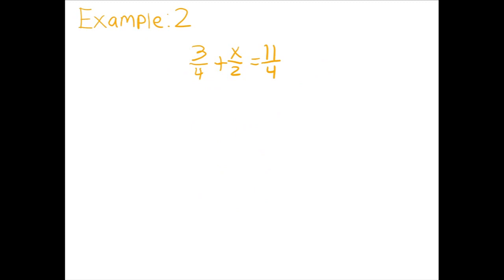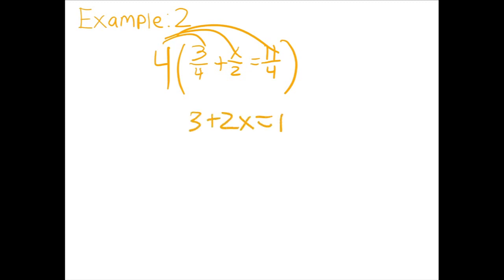So example 2. We have more complicated fractions, and we don't like working with fractions, so get rid of them. In this case, the way we get rid of them is to multiply everything by 4. We're going to distribute that 4 all the way through to everything, and that's going to leave us with 3 plus 2x equals 11. Now that is much nicer to work with.